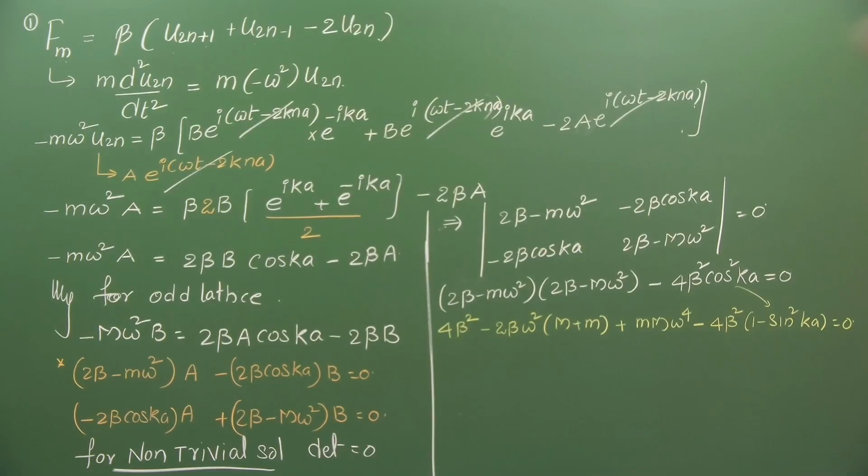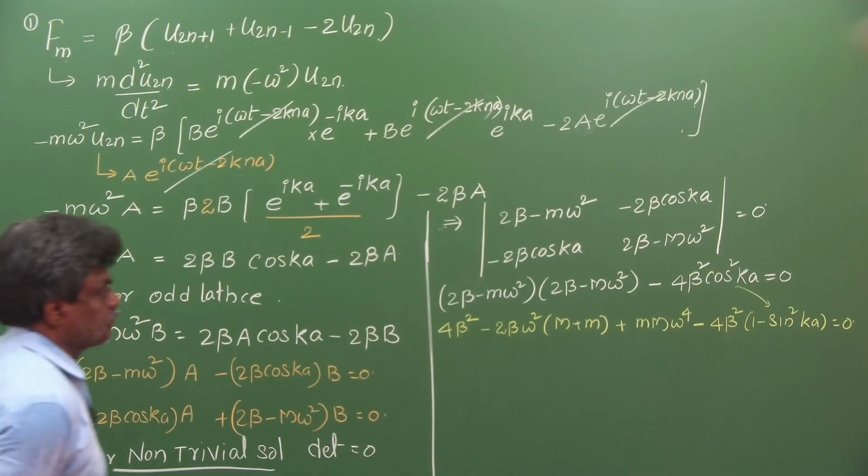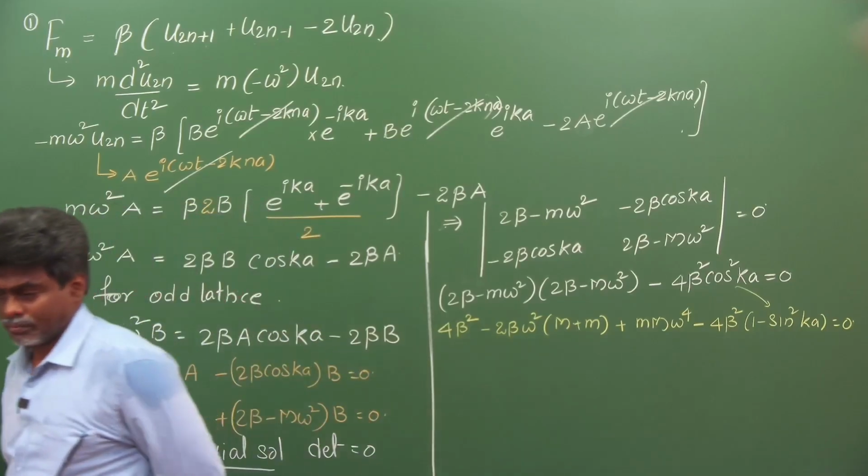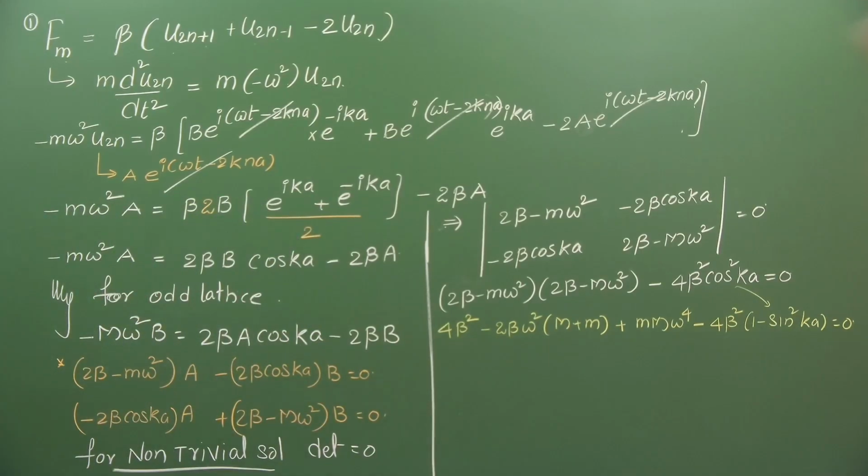Because 2 terms get cancelled, 4 beta square, I think. Simplify, simplify. Easy mathematics, not at all difficult.